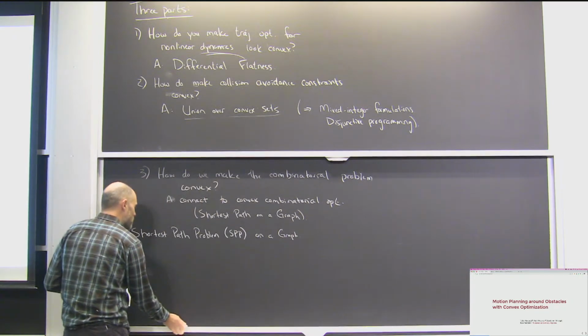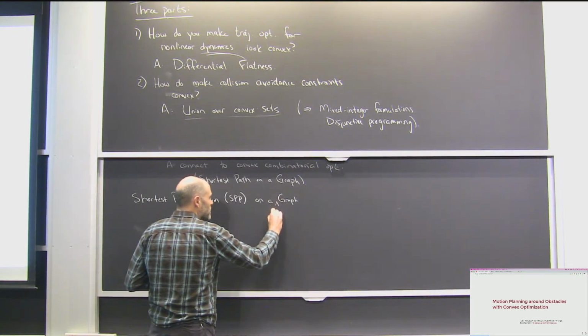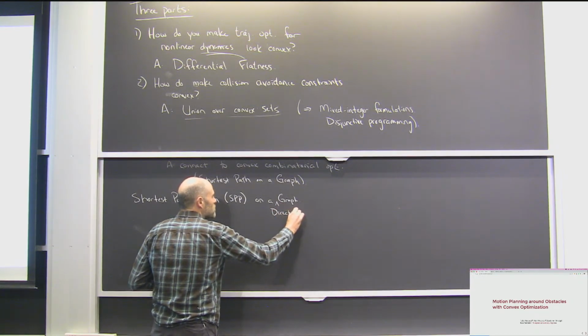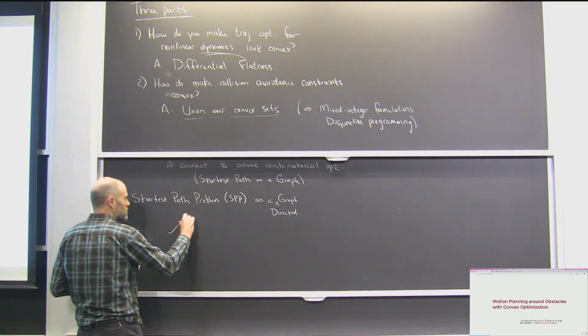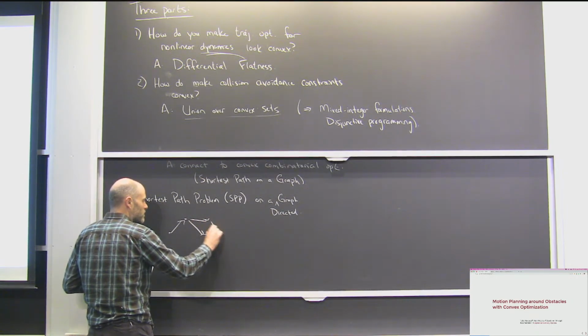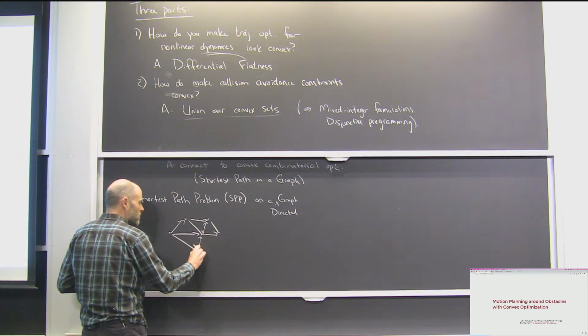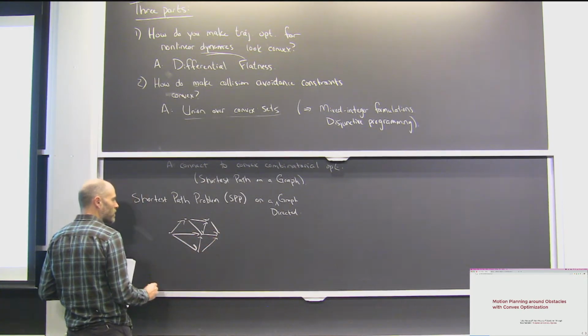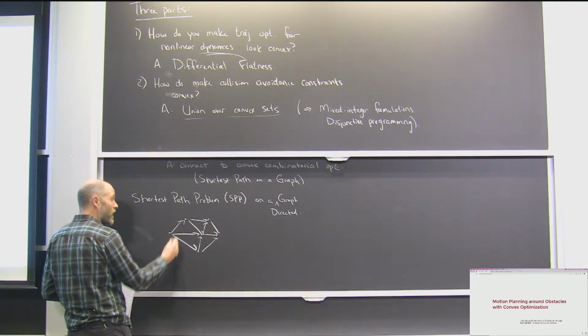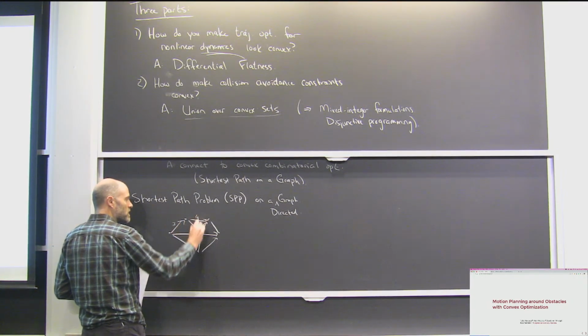Okay, so this would be a directed graph, if you like, even. So I've got some directed graph. I'm going to make an arbitrary cartoon here, but okay, so it'll be a weighted graph. I can have costs associated with taking a particular edge.